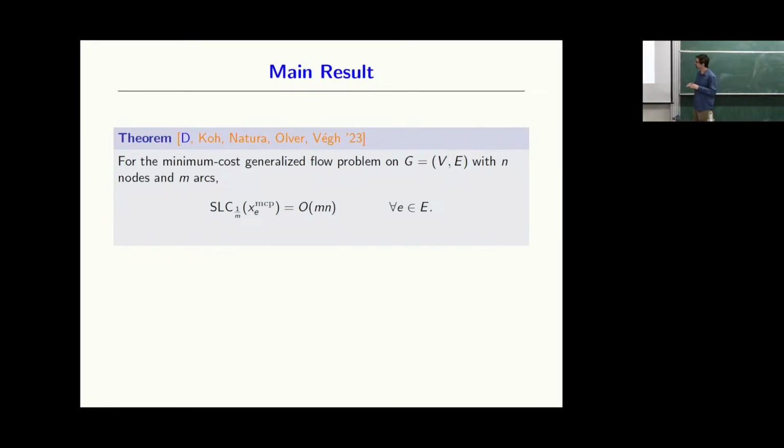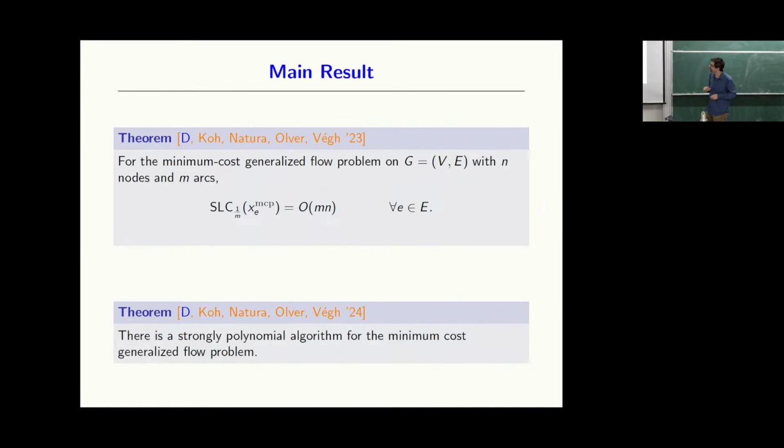So whatever minimum cost generalized flow problem you have, if you're approximating the max central path with respect to an approximation factor that's roughly 1 over n, you only need this many pieces. And if you put it all together, that gives you a strongly polynomial upper bound. Okay, so now the question is, how the hell do you get this?